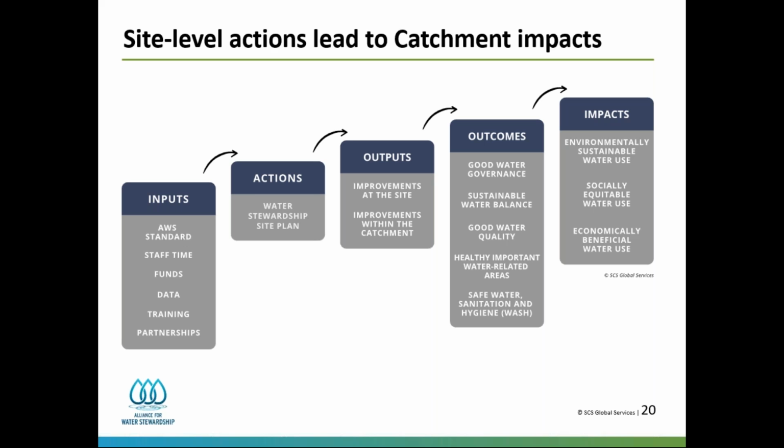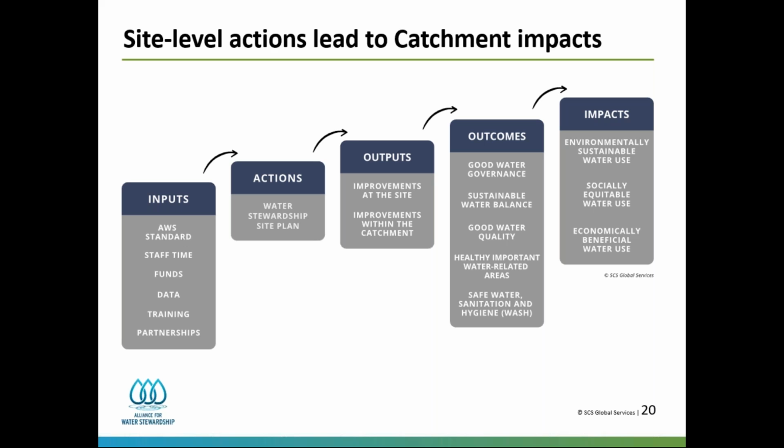And one thing that is consistently important throughout the standard is that the standard is based on how water stewardship can be driven by site level actions. And those actions lead to actual catchment level impacts.